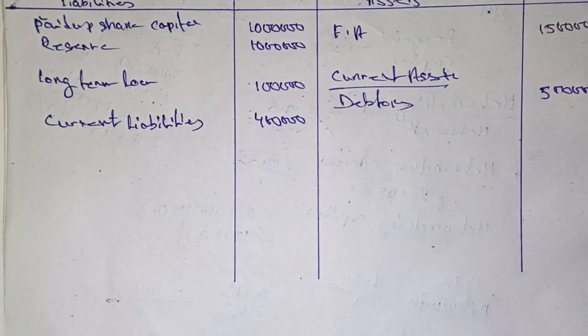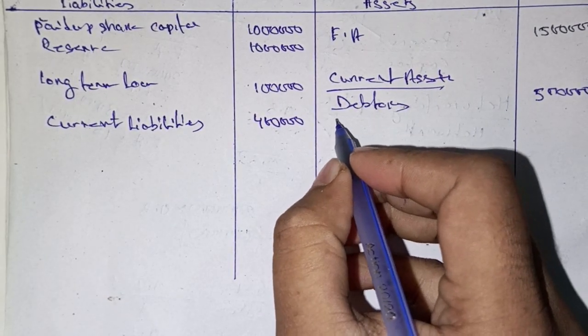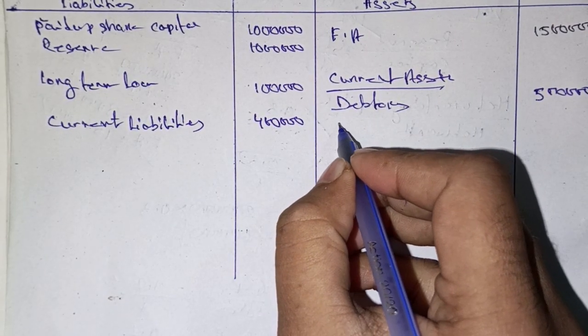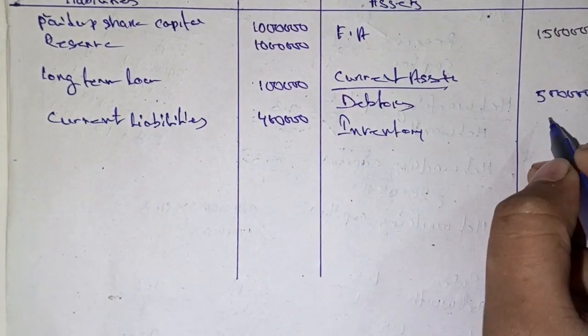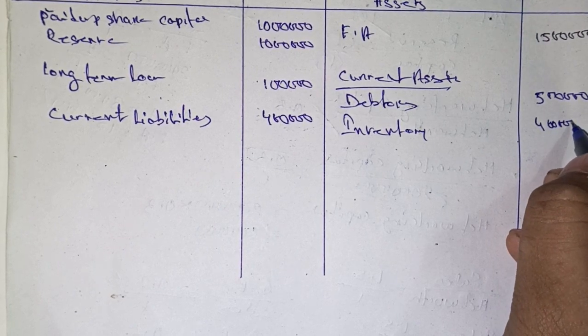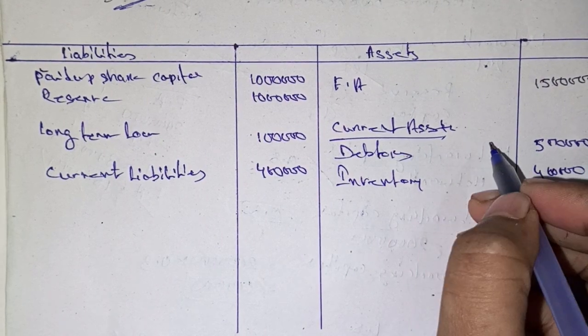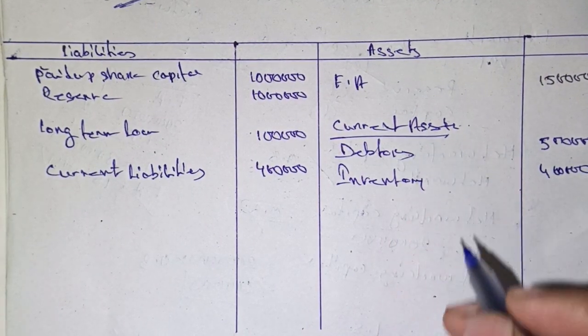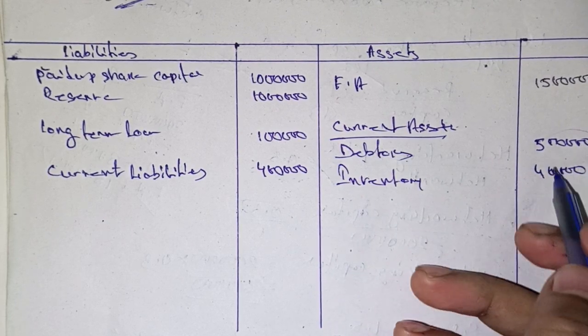So here you can write our inventory, 4 lakhs. Our total current asset will be 10 lakh, but you can see the debtors is 5 lakh and inventory is 4 lakh, which becomes 9 lakh.